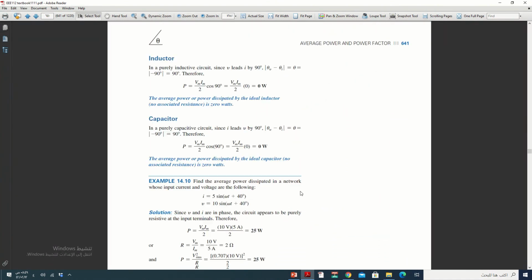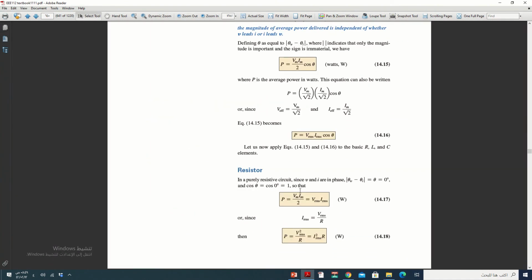Okay. Let us apply this to the resistor, inductor and capacitor. What is the shift between theta v and theta I in the resistor? It is zero. Why? Because theta v always equals theta I in the resistor, since they are in phase.